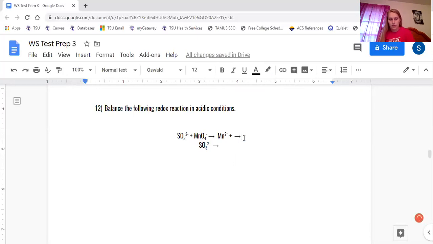Then we'll have this middle part, the other one.